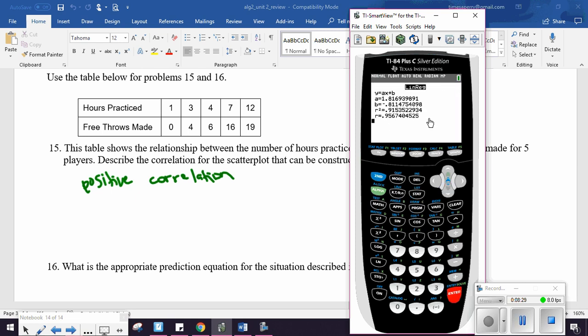R is your correlation coefficient, and R is about 0.9567, which again is a strong positive. The closer it is to 1, the closer it is to being a perfect straight line. So it's a strong positive relationship. So that's just further confirmation that what I was looking at in my data on my scatter plot was correct.